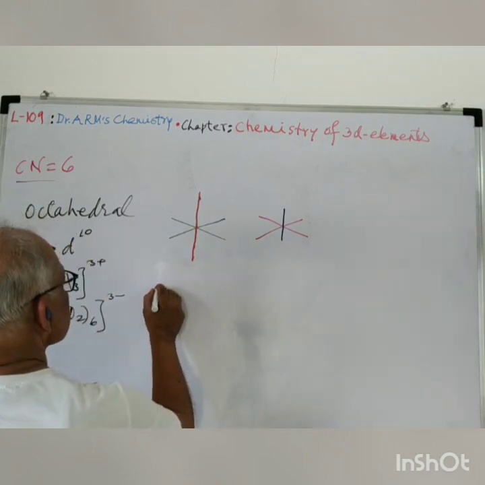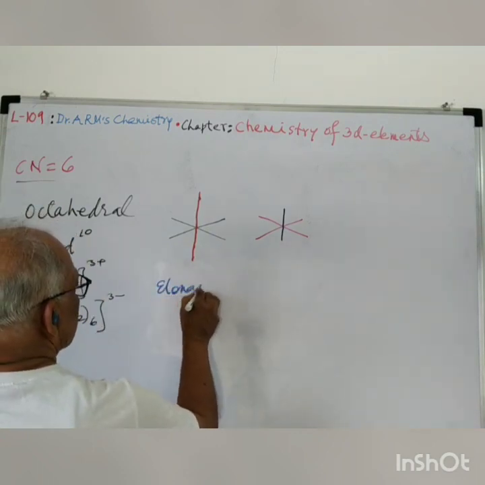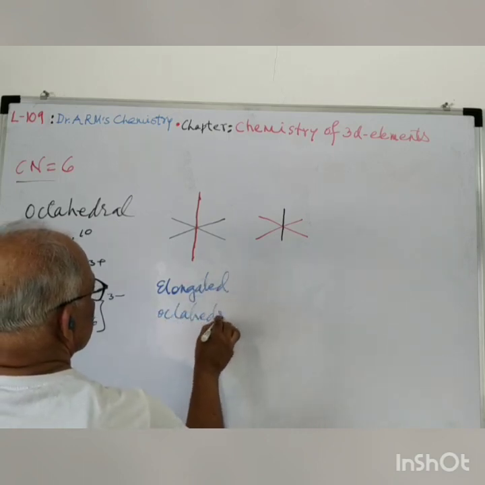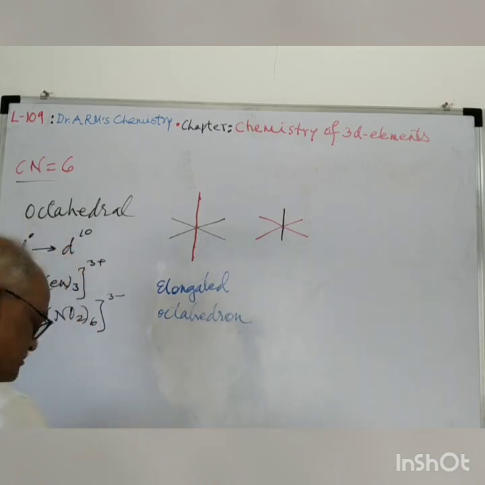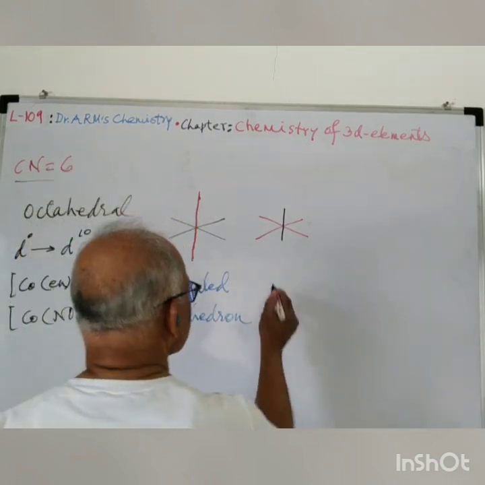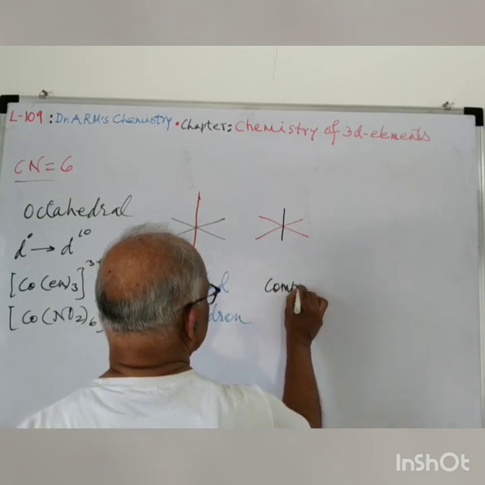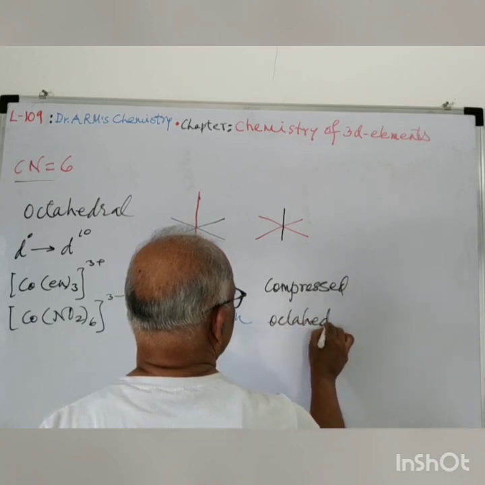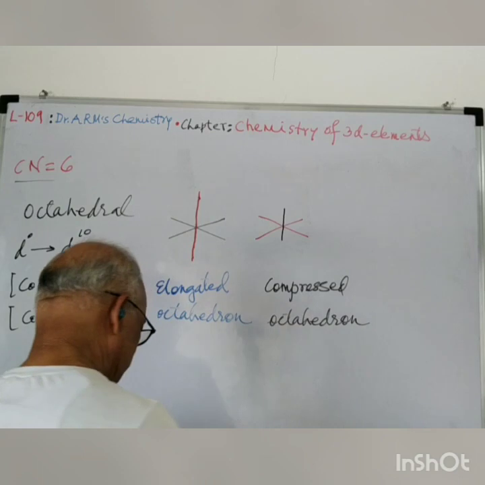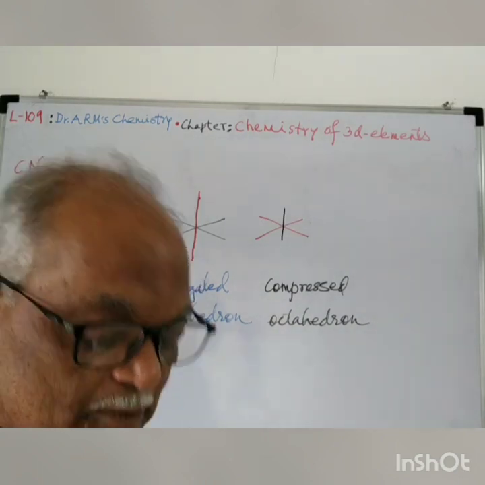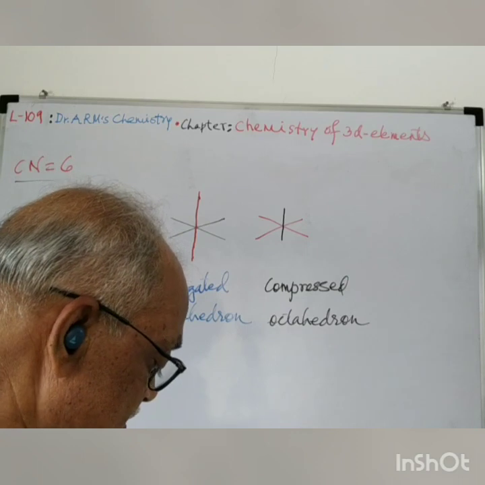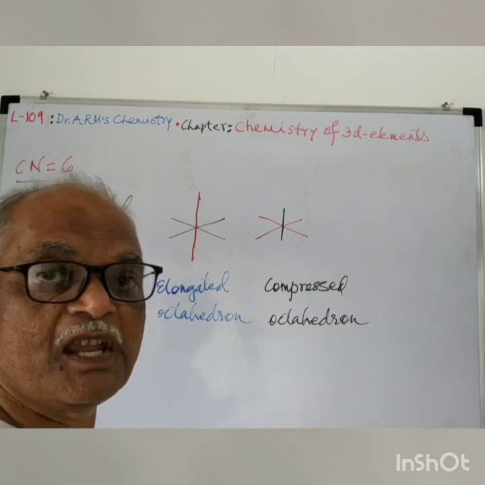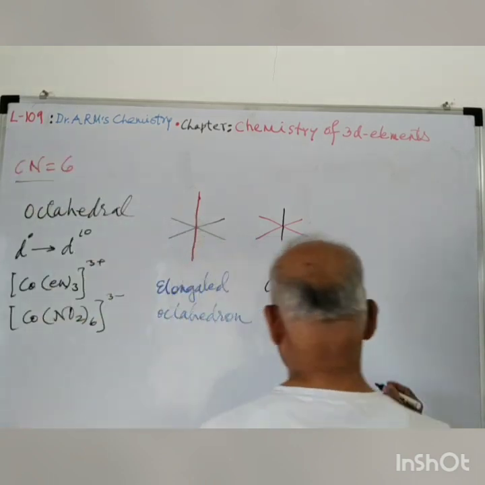So we can say this is an elongated octahedron, and this is a compressed octahedron. We can have other structures also in which we can find different examples.